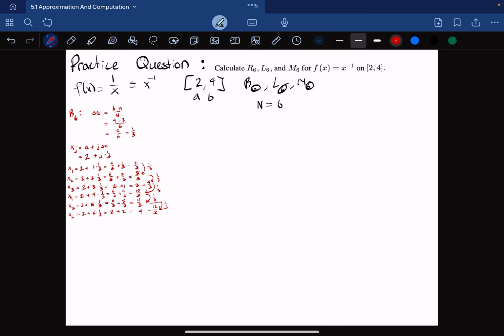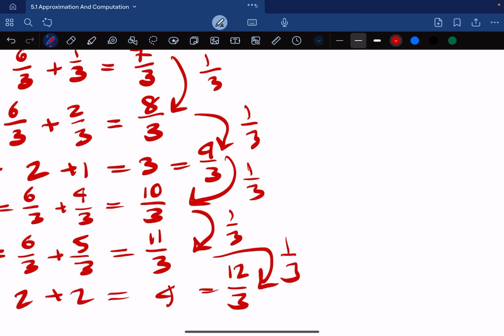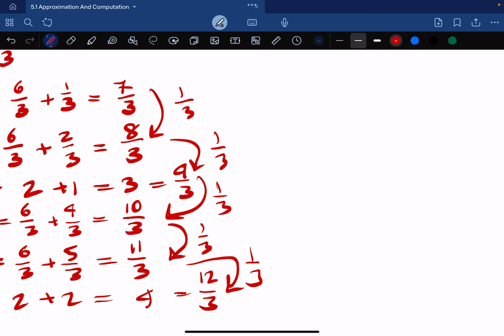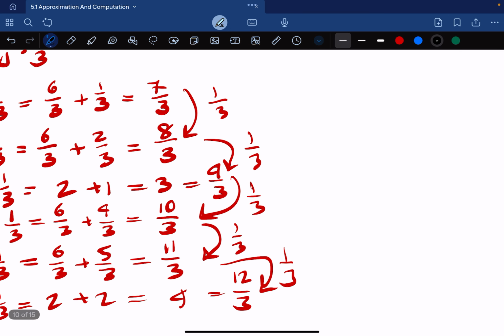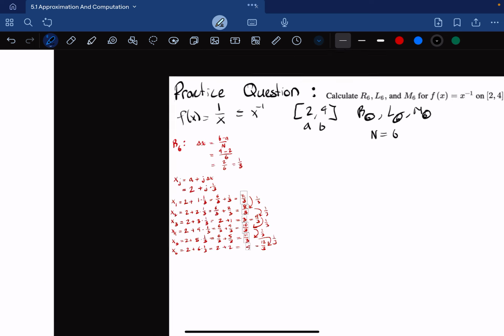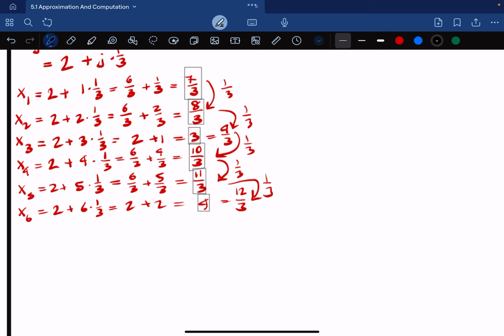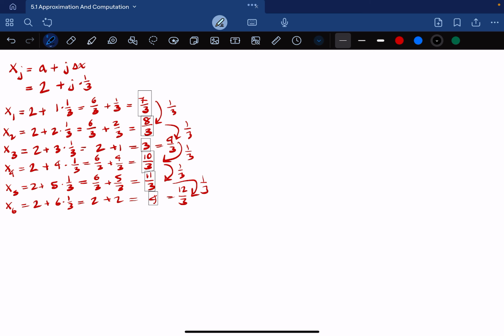That means we have calculated all of our endpoints correctly. These are all of our endpoints. I am just going to outline them in a box. Beautiful. Those are our endpoints.